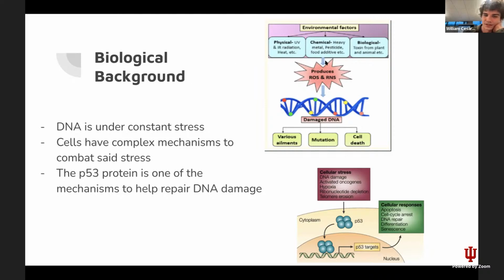I studied the P53 protein, which is essential for telling the cell when to kill itself, or when apoptosis occurs, or when to repair the DNA damage, or when to put the cell into cell arrest, or into senescence, I think is what it's called.